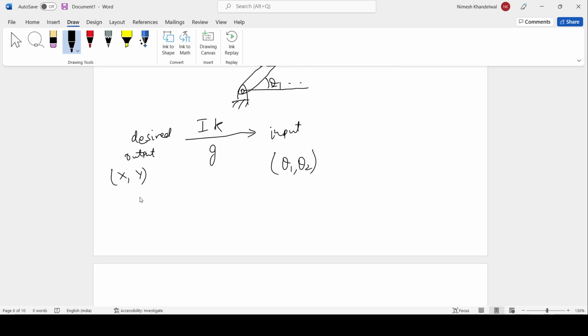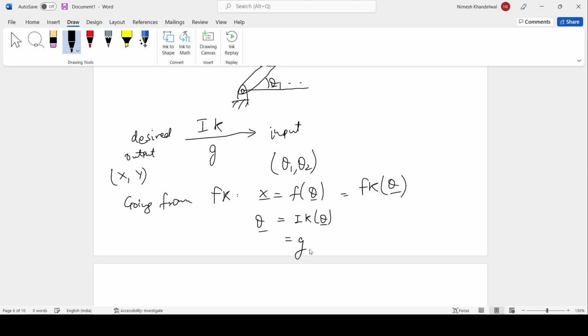Now with respect to forward kinematics, it is an inverse problem, right? Because forward kinematics is this. And we are saying that for inverse kinematics, we can also write this as IK, or you can also write G. It is just what you want to call a function, it's up to us.